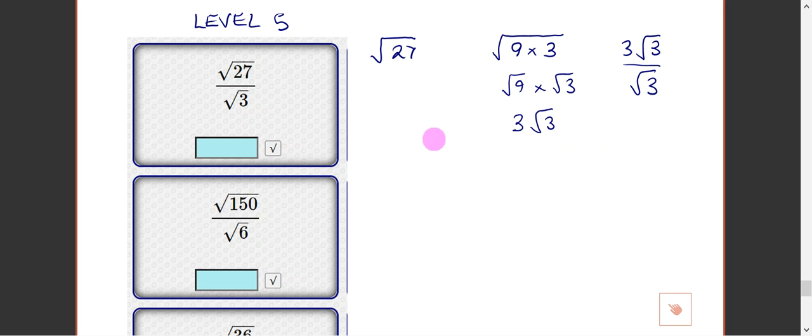Sorry, my notes are going to be a little bit all over the place, but this is basically 3 times root 3, divided by root 3. And what does root 3 divided by root 3 end up being? 1, yeah? So I end up doing 3 times 1, so I'm left with 3, okay?